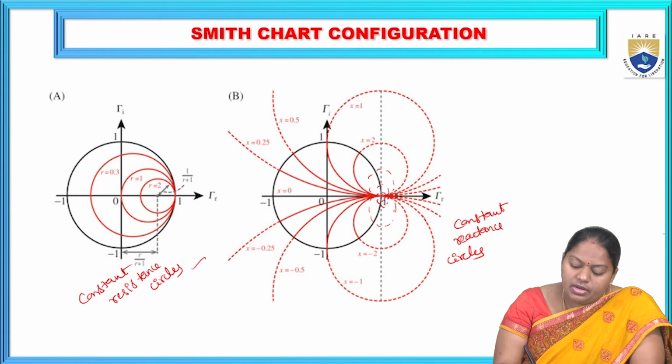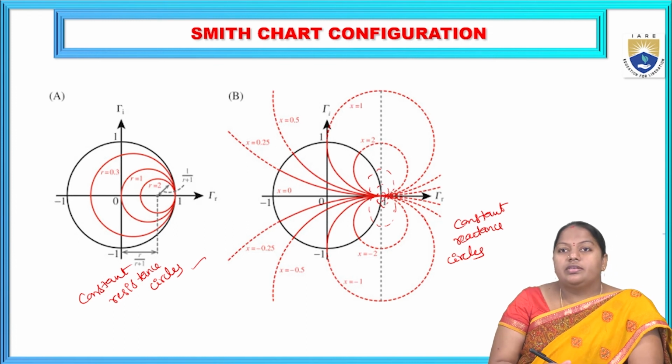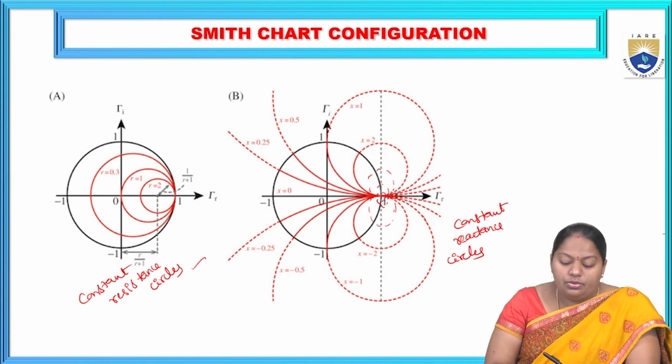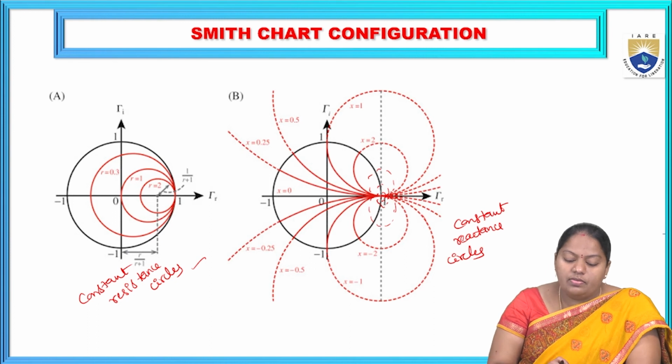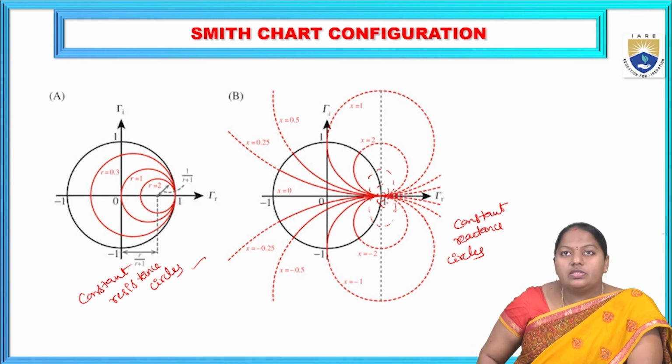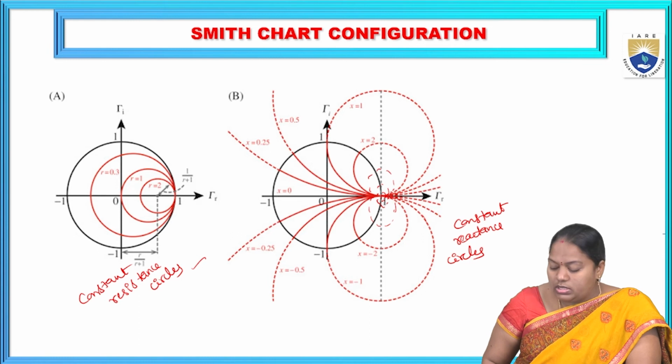At X equal to infinity, the radius is almost 0. This is the way we can draw the constant resistance and constant reactance circles.